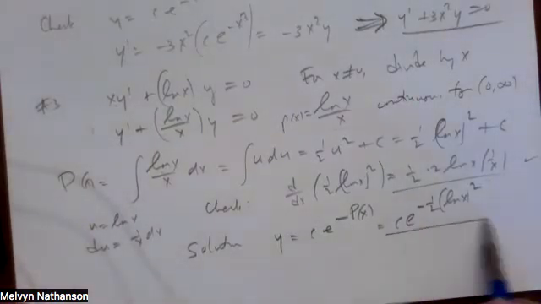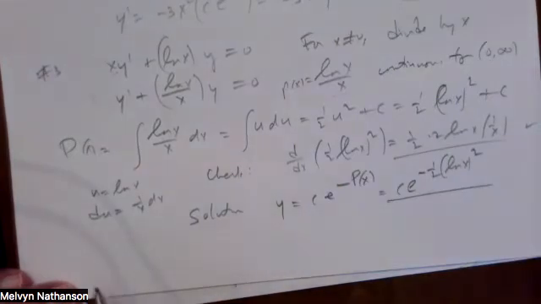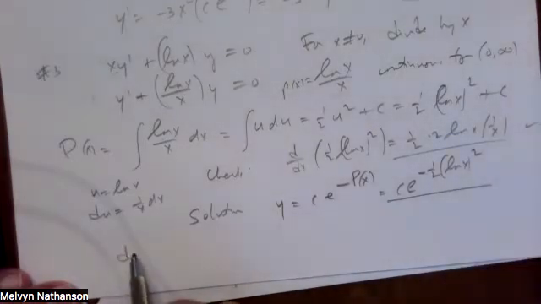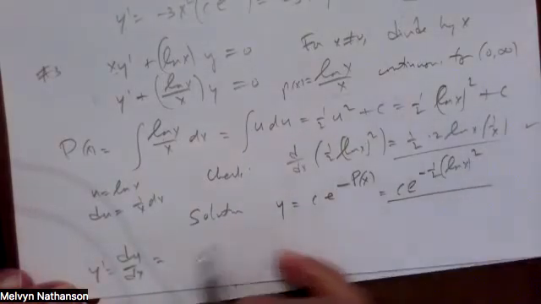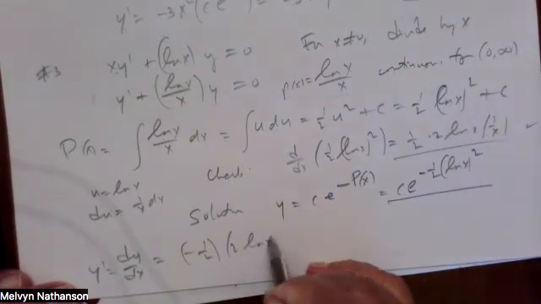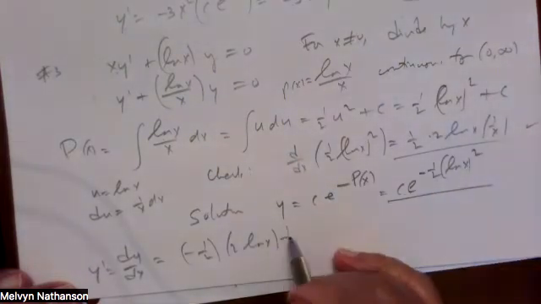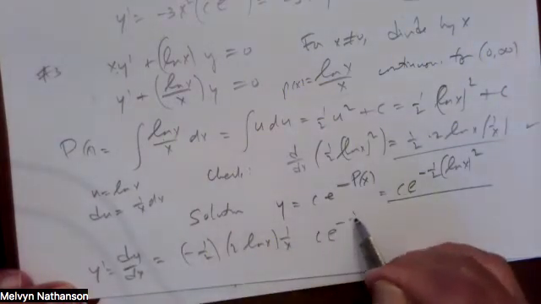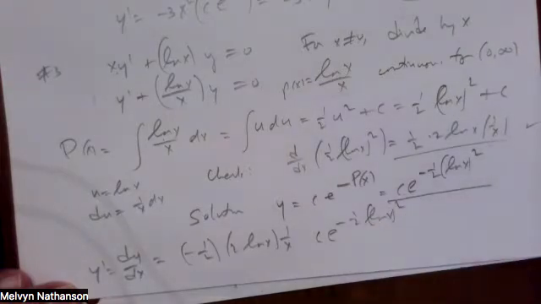Let's check if this is in fact correct. If y is c e to the minus a half log x squared, then y prime: you differentiate the exponent, you get minus a half times 2 log x times the derivative of log x, which is 1 over x, times c e to the minus a half log x squared.